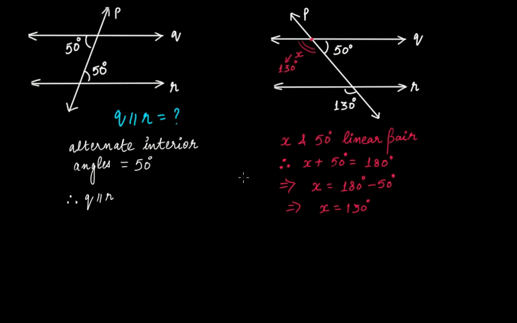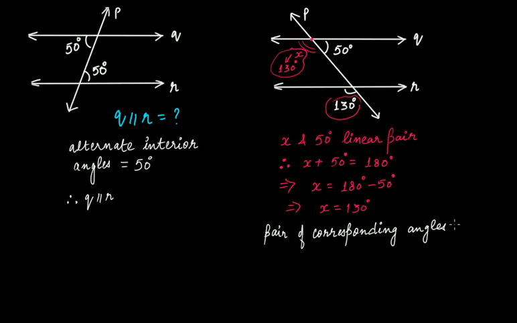Okay, now look at this angle. This is 130 degrees and this is also 130 degrees. So don't you think that this angle and this angle are a pair of corresponding angles, and both the angles are equal to 130 degrees?